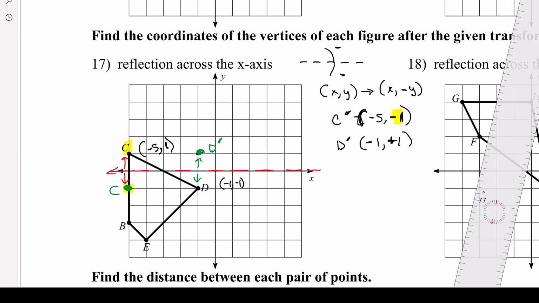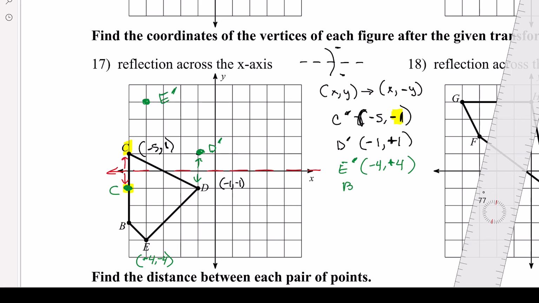All right, so let's go with e prime. So this is at -4, -4. But we multiply the y value by -1, so that will be -4, +4. So this is e prime.